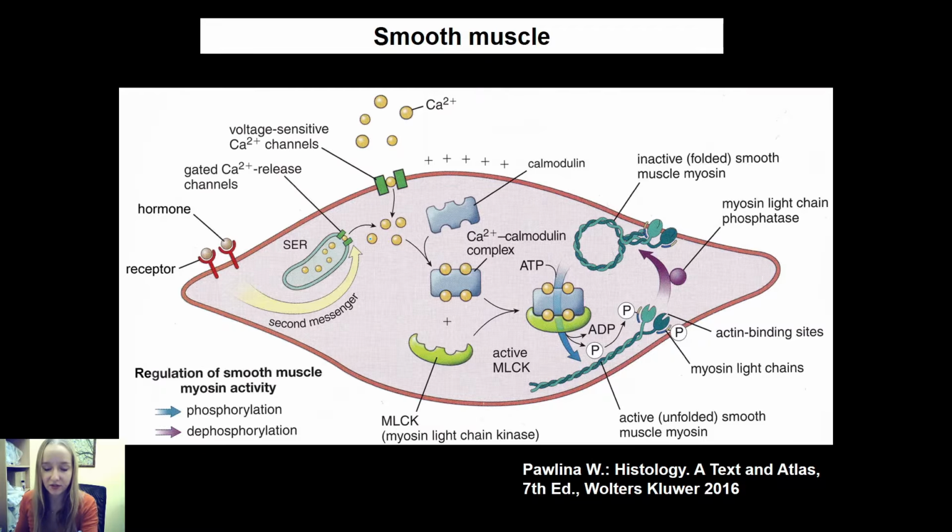Once again, we have this ryanodine receptor here. But the difference is that the calcium isn't binding to troponin. The calcium is binding to calmodulin, forming a complex, and then activating the myosin light chain kinase, activating myosin to form thick bundles or thick myofilaments.